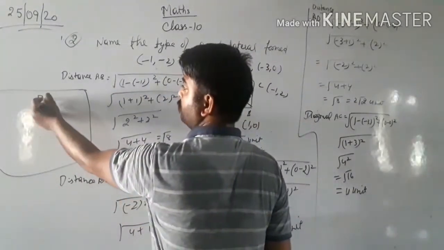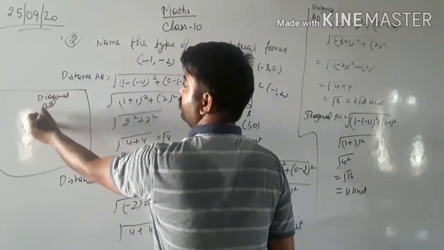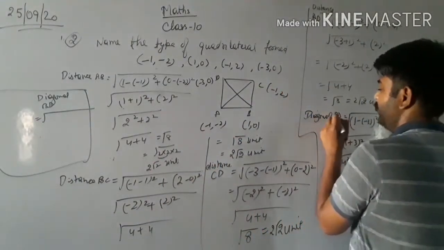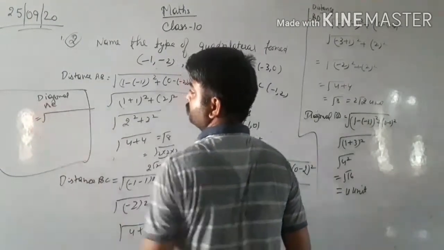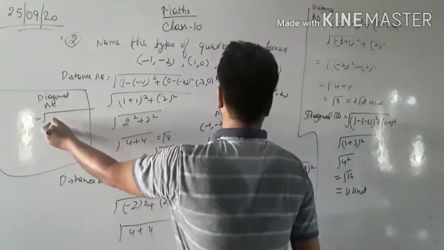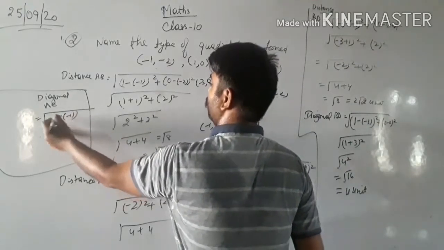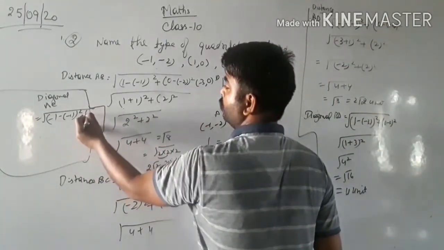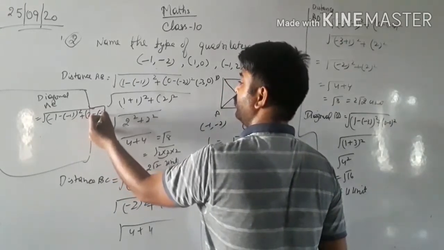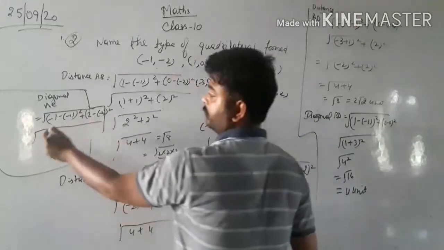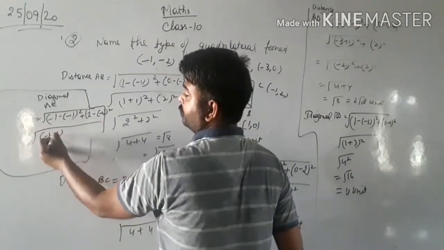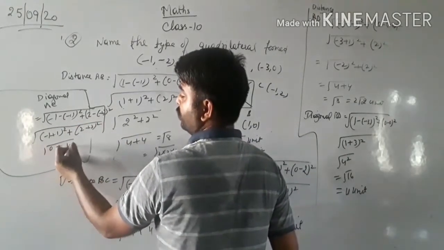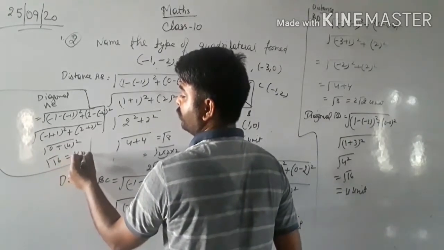Okay, diagonal BD is equal to root of, sorry, it's BD. Now -1 minus -1 whole square plus 2 minus -2 whole square, which can be written as -1 plus 1 is 0, and 2 plus 2 is 4, so 0 plus 4 whole square, it's 16, which can be written as 4 unit.